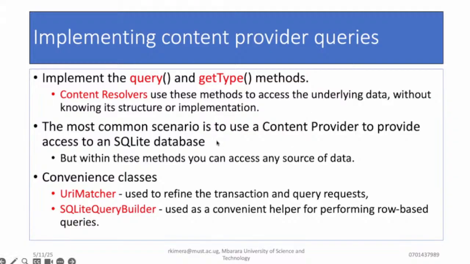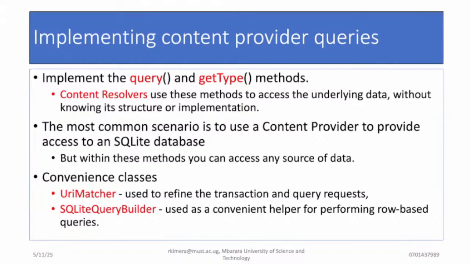So the most common scenario here is to use content providers to provide access to the SQLite database, but with these methods, that is query and getType, you can access any source of data. These are other convenience classes. We talked about the URI matcher, and also there is an SQLiteQueryBuilder, which is used as a convenient helper for performing row-based queries.